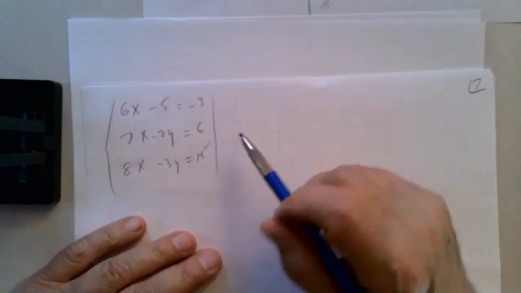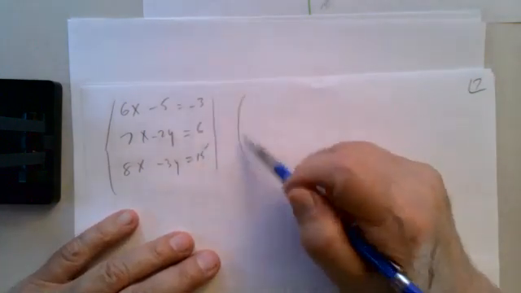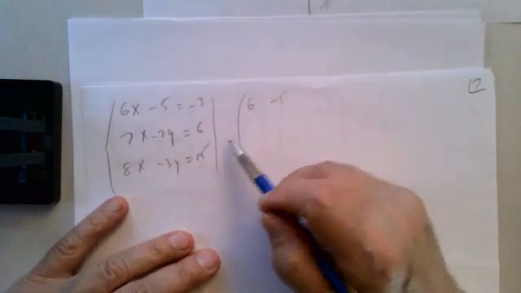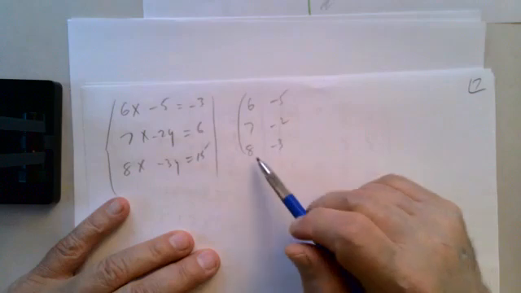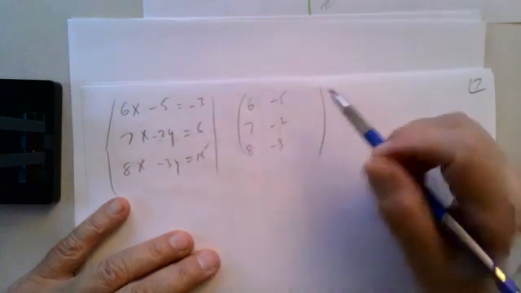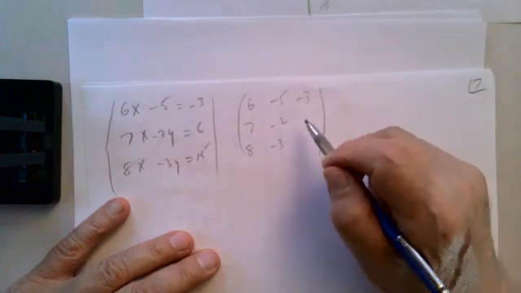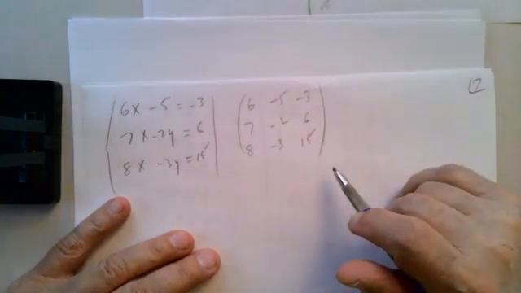So what is the augmented matrix? The matrix of coefficients is 6 minus 5, 7 minus 2, 8 minus 3. It's a 3 by 2 matrix. And when we add the right-hand side, you get minus 3, 6, 15. So I want to put this in reduced row echelon form.